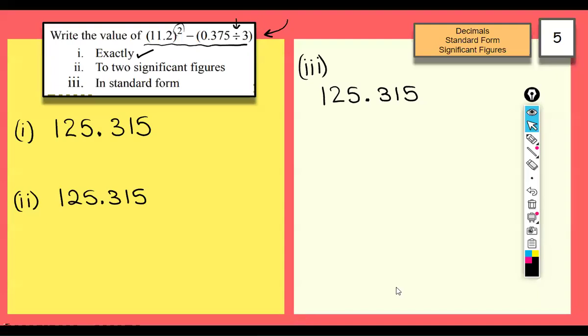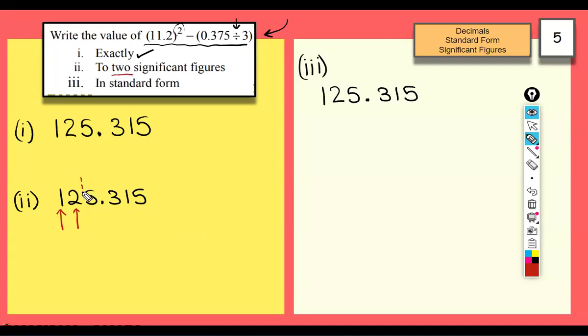For part two, they want how many significant figures? Two significant figures. So this number is clearly larger than one. With significant figures, we start to count from the very first value. 1, 2, and they said they want the first two.